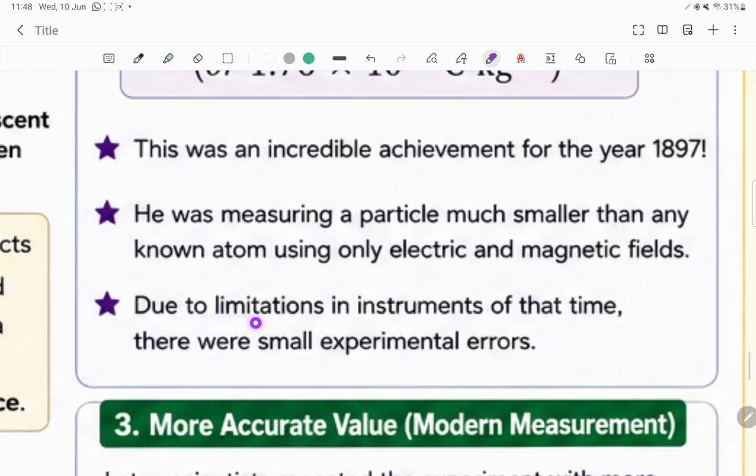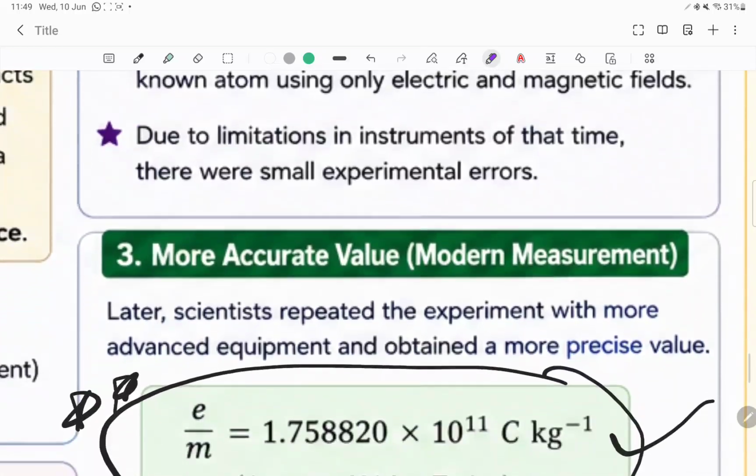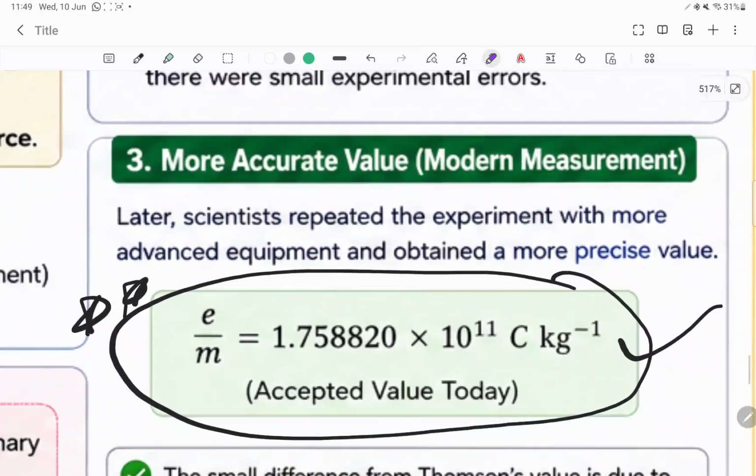Due to limitations in the instruments at that time, there were small experimental errors. So later scientists repeated this experiment with more advanced equipment and obtained a more precise value.